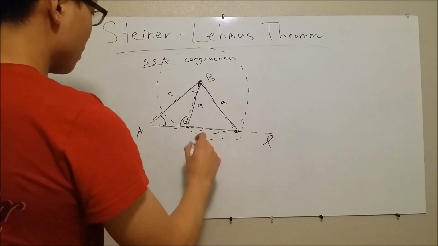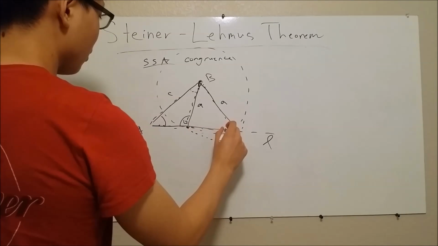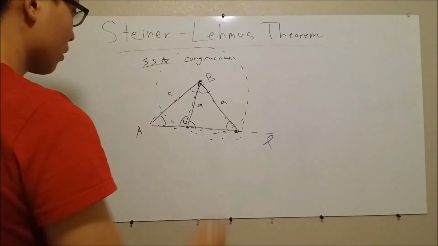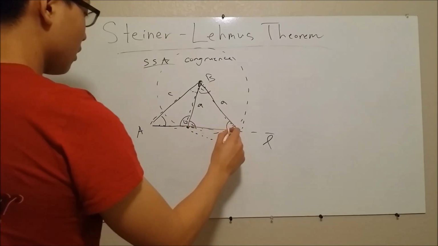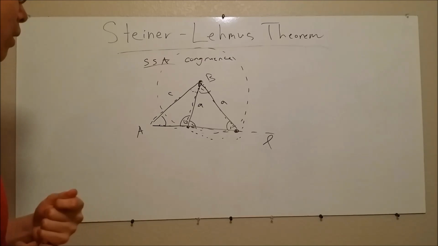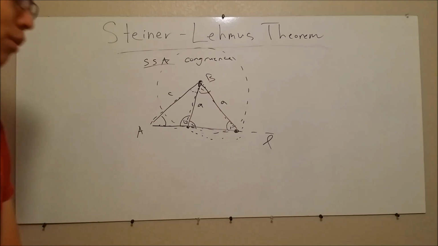The next triangle we make is acute. All of these angles are acute, that is, they are less than the right angle, which is 90 degrees. So we're going to use this towards the end of our proof of the Steiner-Lehmus theorem. And you will see how that is used later on.